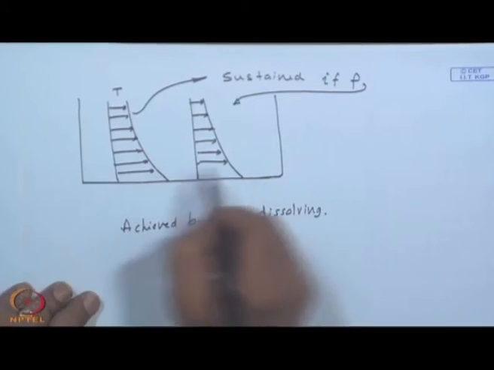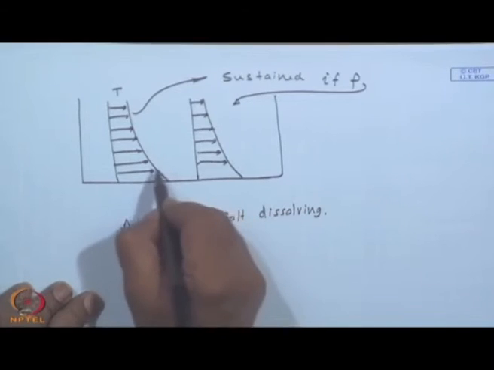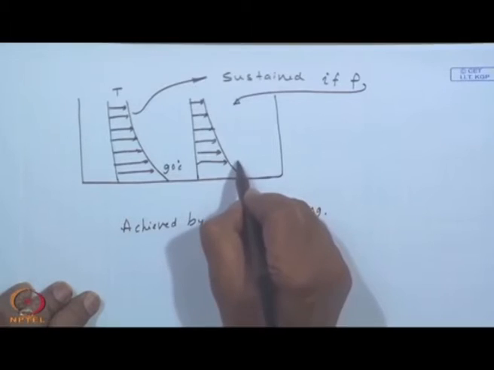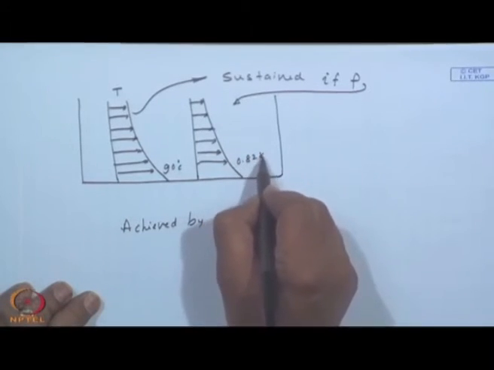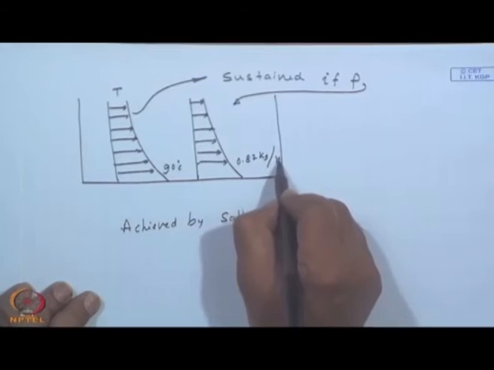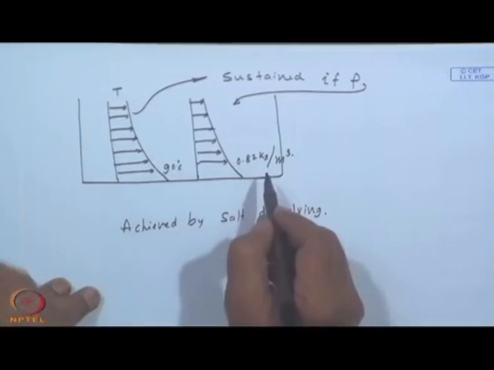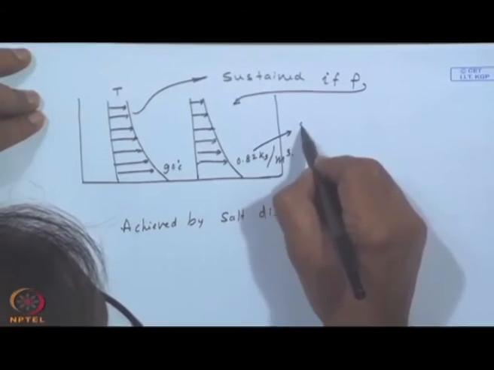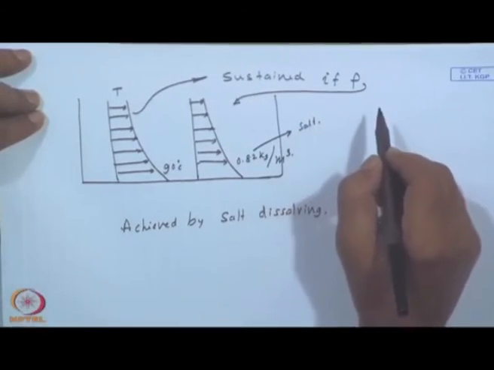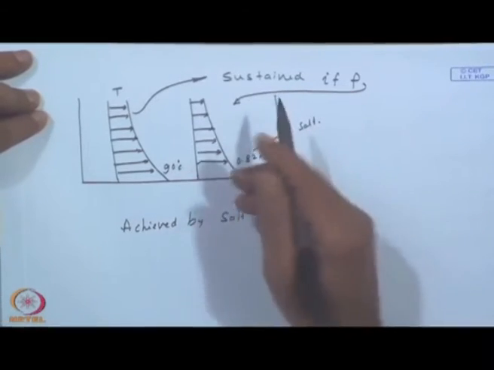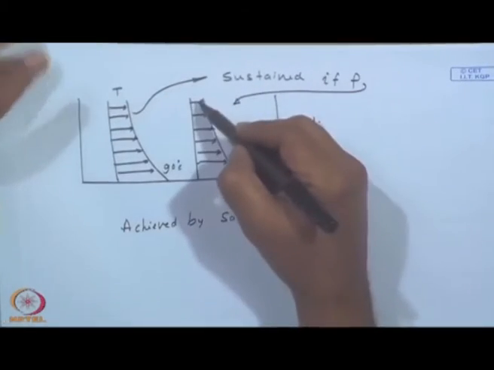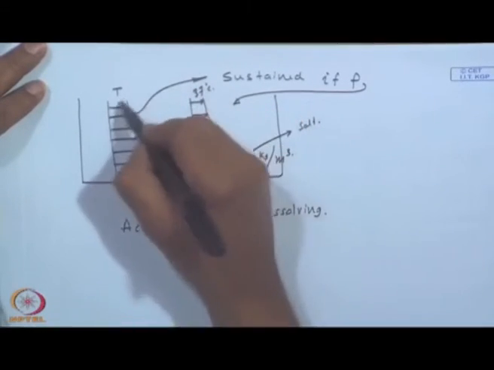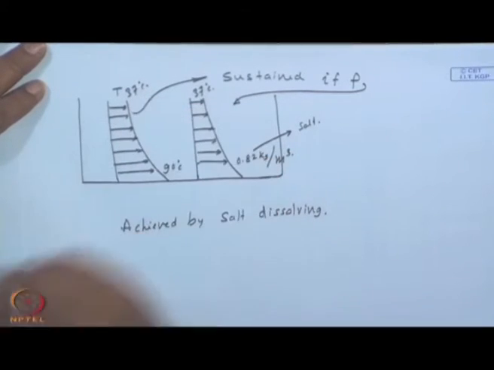So, this will be at let us say 90 degrees C, and I add 0.82 kg per meter cube. So, this layer will have 0.82 kg of salt per meter cube at 90 degrees, which makes the density higher than what it is at let us say 37 degrees C. Okay.